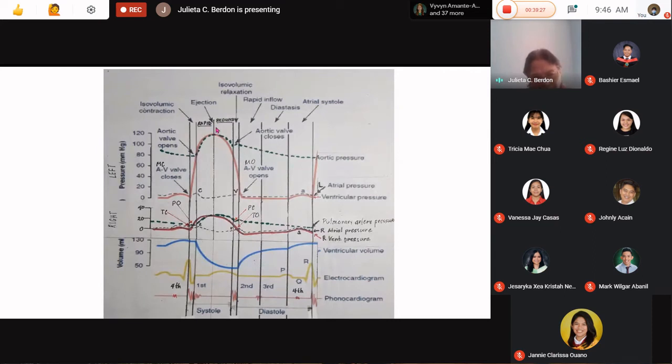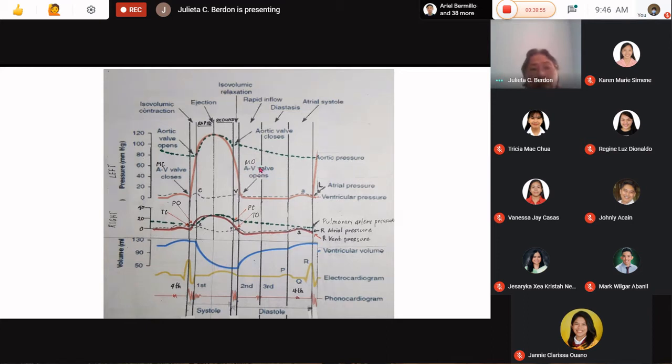As I said, even in your notes, 1/3 of the ejection will occur in the rapid, 2/3 in the reduced ejection. And then we looked at the ventricular volume. It rapidly decreased, right? So the volume rapidly decreased. Okay, now, so that will be the end.